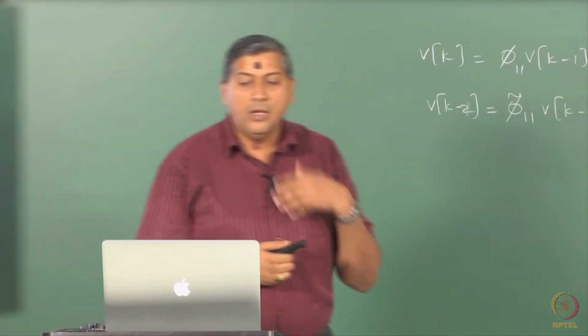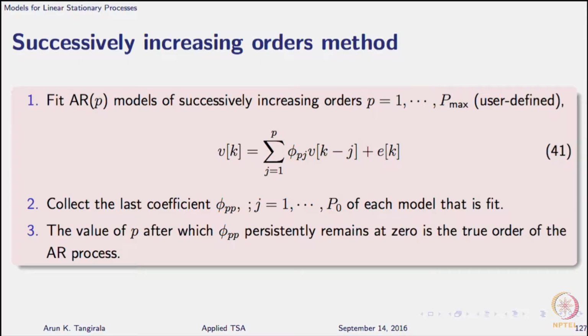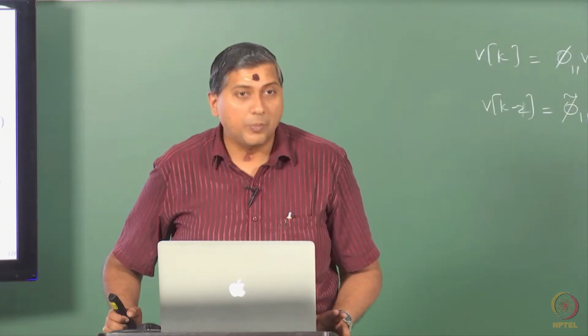So, this is the procedure that you would follow when you fit successively increasing orders of autoregressive models, where you do not have to worry about the PACF concept itself.